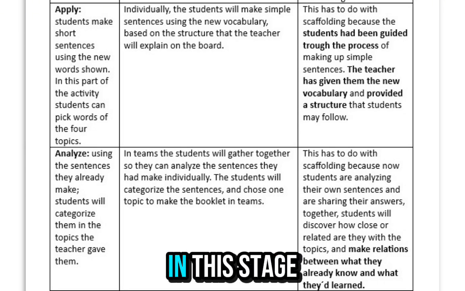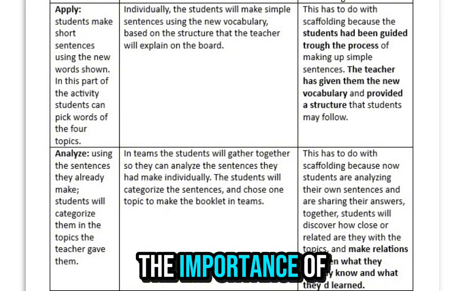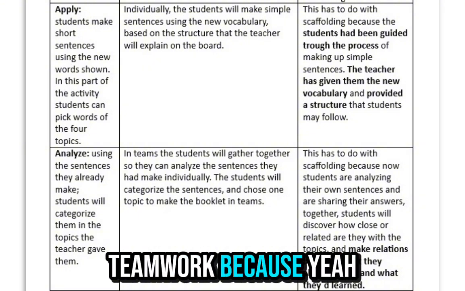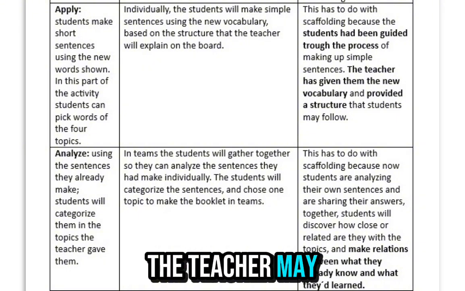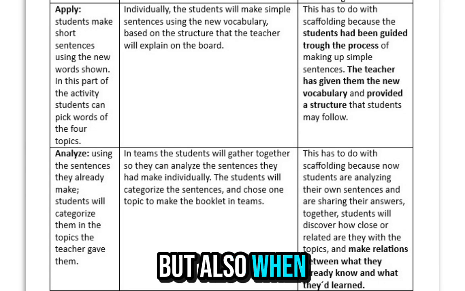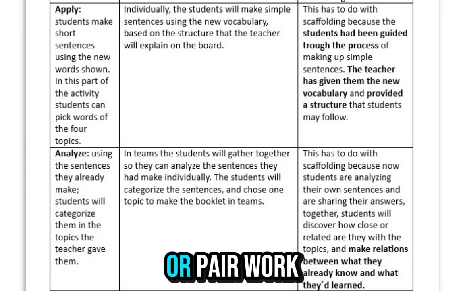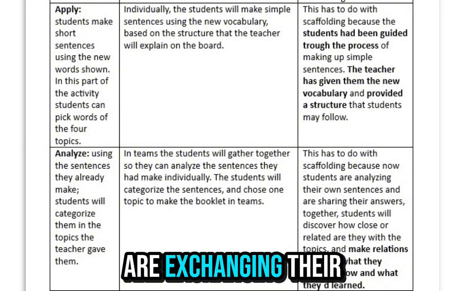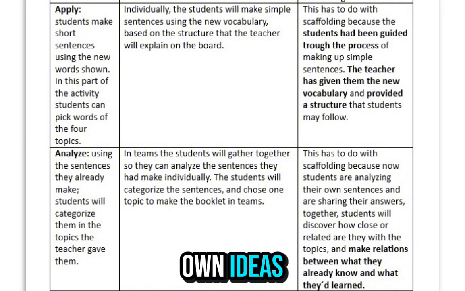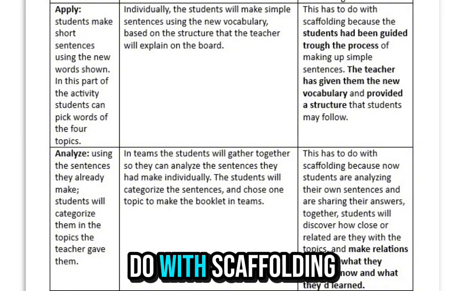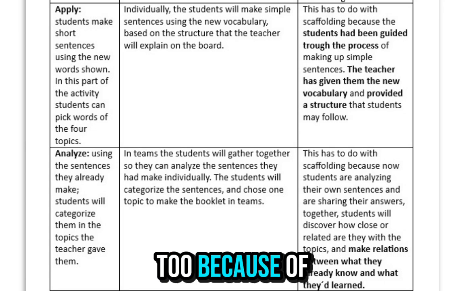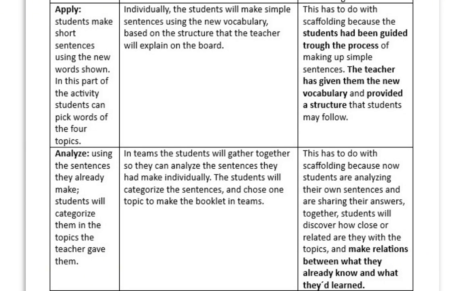Also, we see in this stage the importance of teamwork because, yes, the teacher may help the students, but also when we have teamwork or paired work and the students are exchanging their own ideas, this has to do with scaffolding too because of social cooperation.